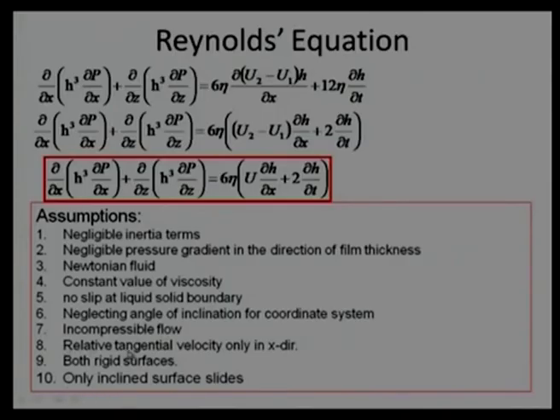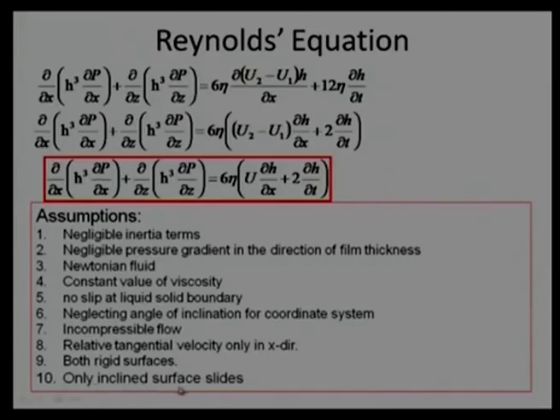Then we assume the relative velocity in the x direction, that is to simplify it, because we can superimpose two separate equations, but the effort will increase in those cases. Finally, we make two assumptions: the rigid surface, which in most cases is true. Even for rubber material, stretching does not happen that much, so that is a reasonably good assumption.